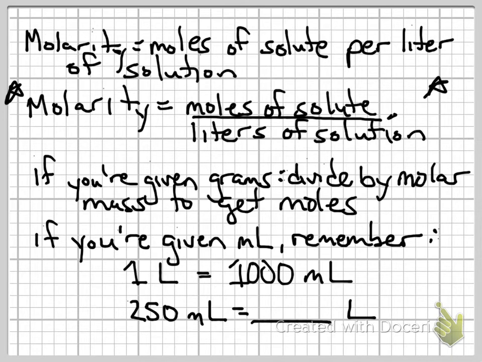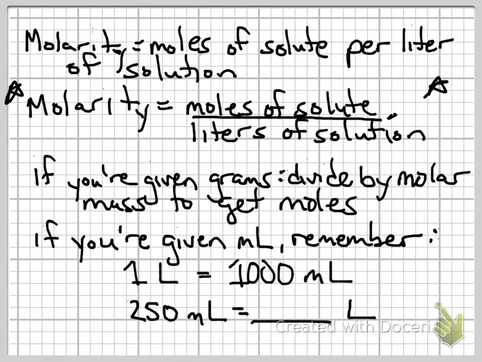A couple things that you're going to want to keep in mind when you're navigating this equation. Sometimes you're going to be given an amount of a substance in grams. For example, instead of saying 3 moles of salt, I might tell you that we have 50 grams of salt. In that case, the good thing that we've already learned this year is that you can convert between grams and moles by knowing the molar mass of a substance.